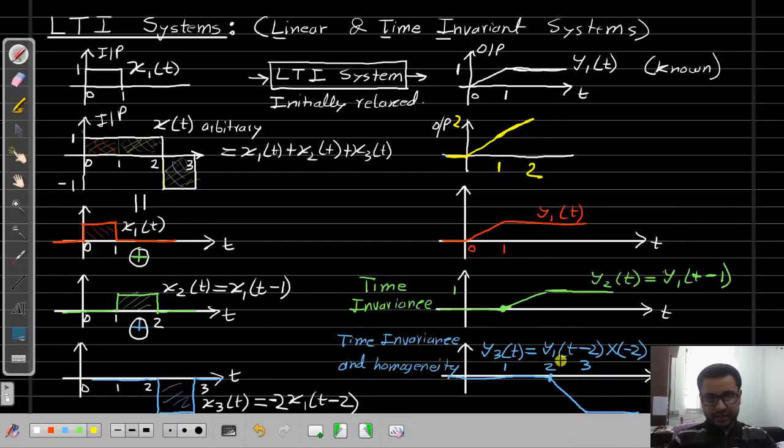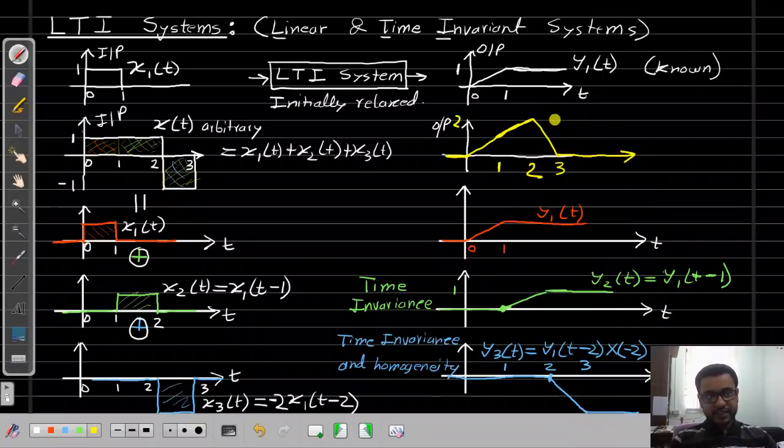After that it will come down because of y3 at a double rate. So it will come down to 0 at t equal to 3 and then remain at 0 ever after, because here y1 is 1, this is 1 and this is minus 2. 1 plus 1 minus 2 is 0.